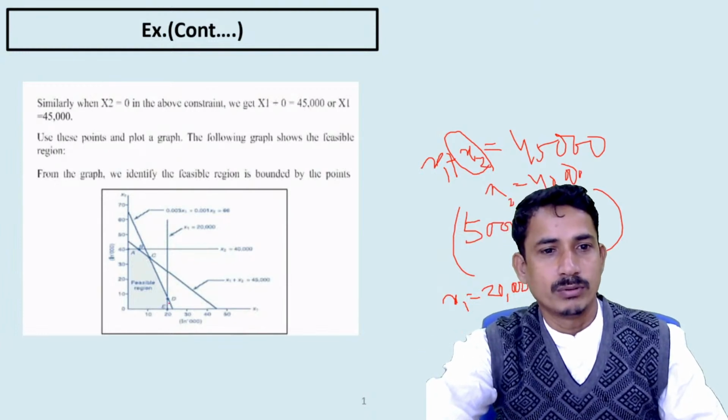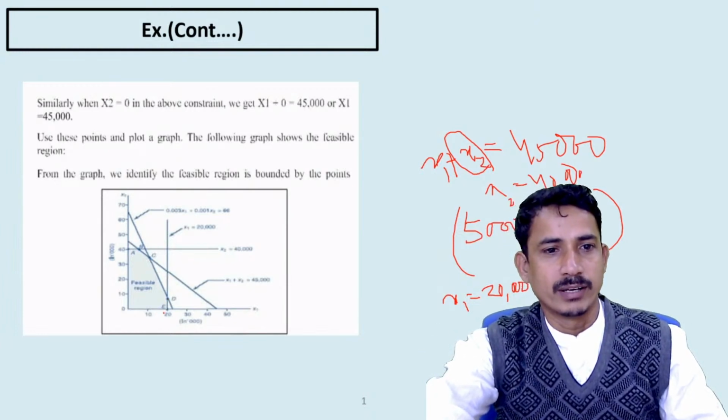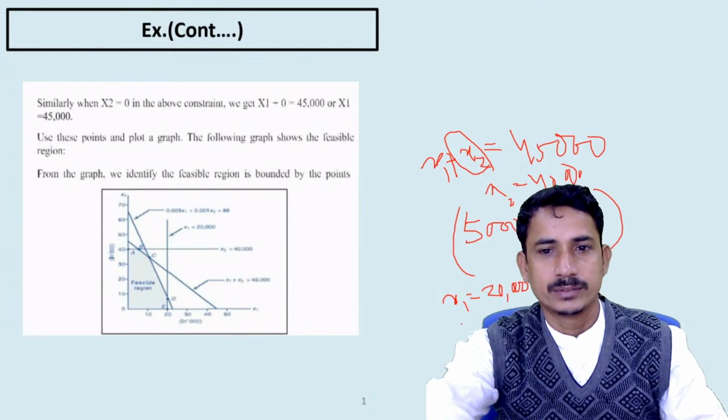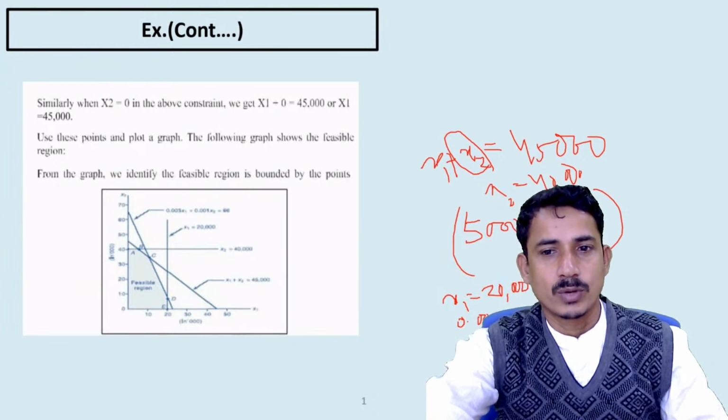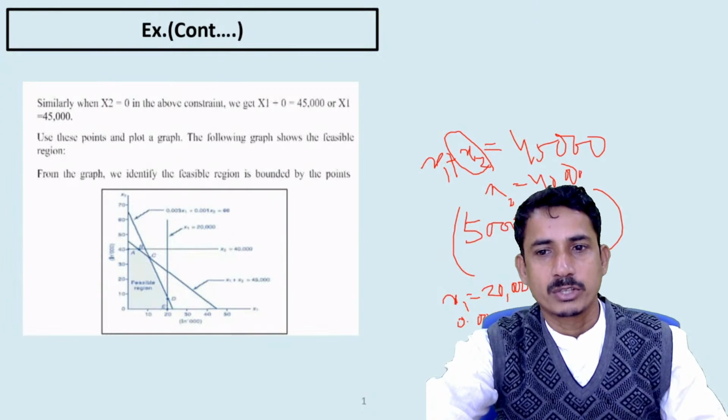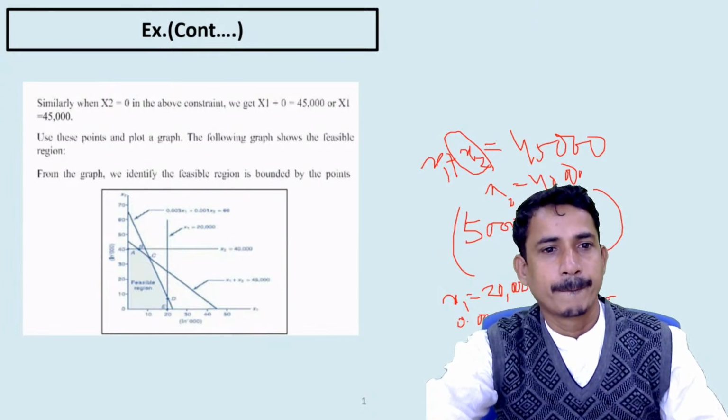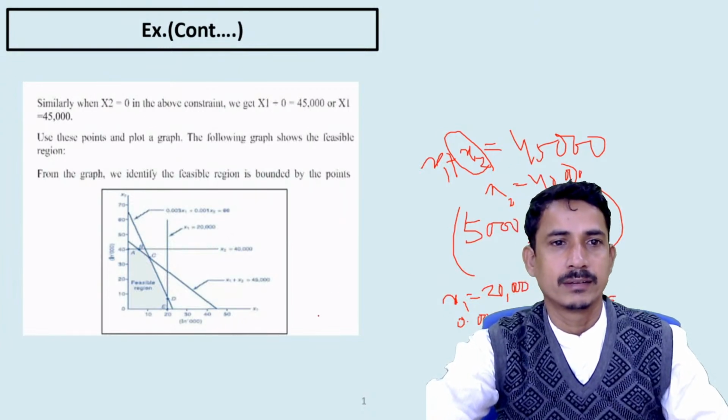So putting the value of x1 20,000 in this equation. What is the other equation? 0.003 x1 plus 0.001 x2 is equal to given.